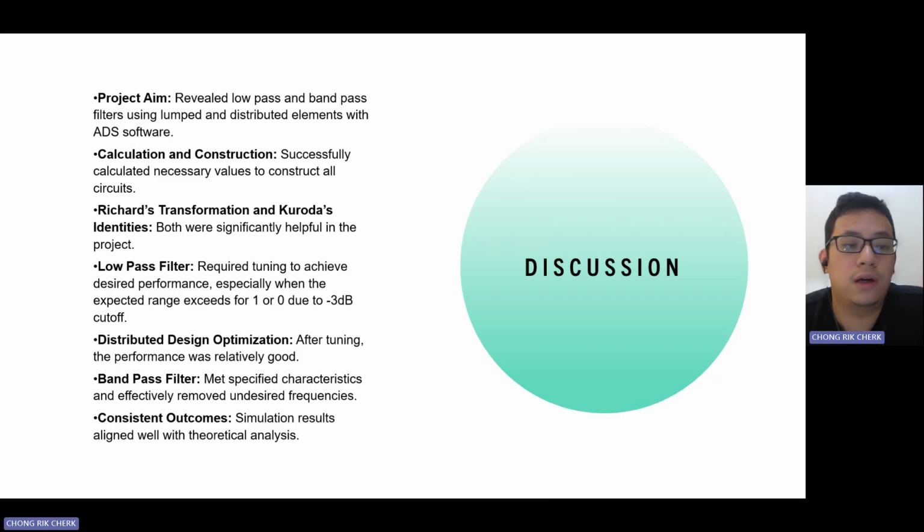For our low pass filter, it required tuning to achieve the desired performance, especially when the range exceeds, due to the cutoff. For distributed design optimization, after tuning, we get the performance that we required, and it was relatively good.